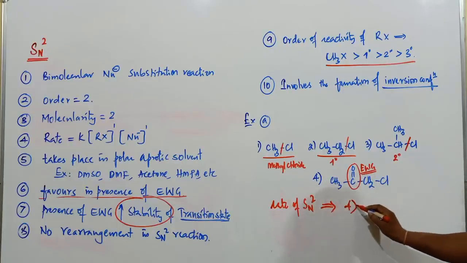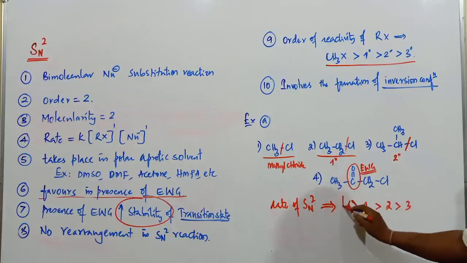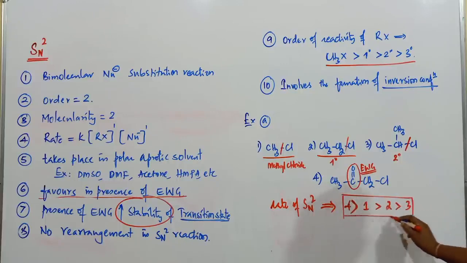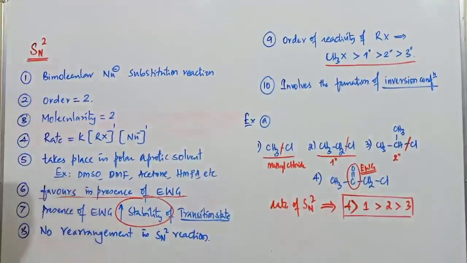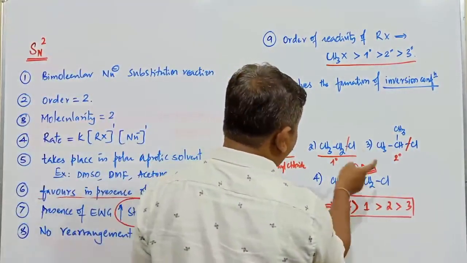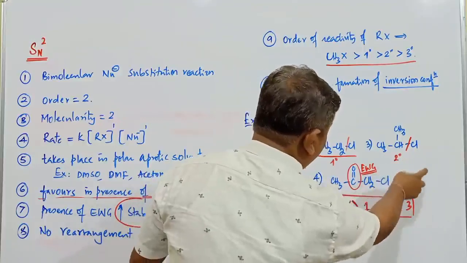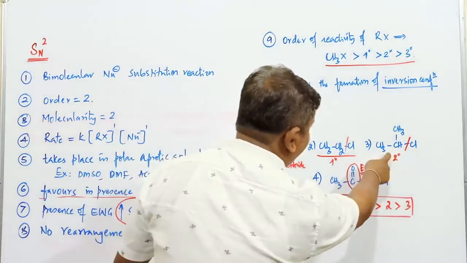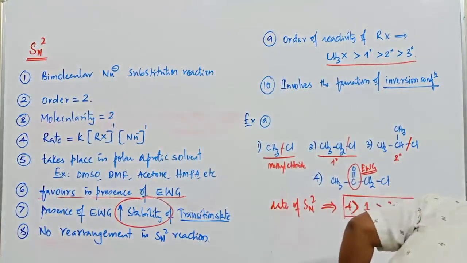Next after the fourth, comes the first one, then the second one, then the third one. So this is the order of hydrolysis of these halogen compounds towards SN2 reaction. It is slowest in the case of the last alkyl halide because it is a secondary alkyl halide.